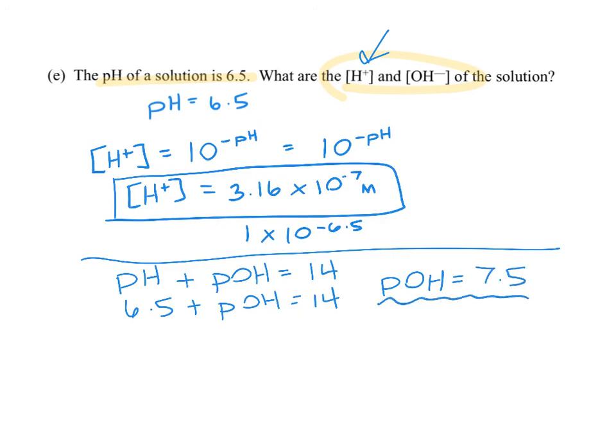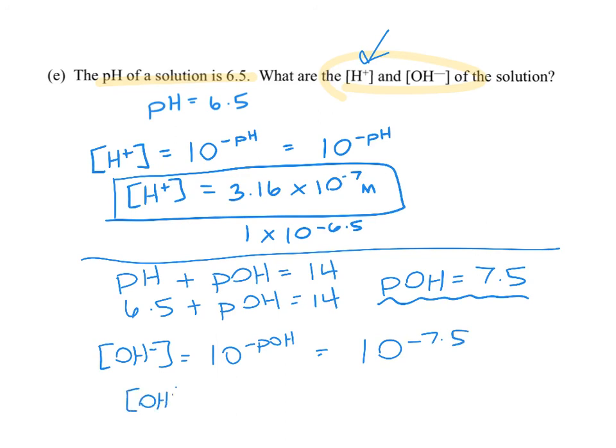And then from here, you use a very similar equation for OH minus. So the concentration of OH ions is equal to 10 to the negative pOH. So you do 10 to the negative 7.5.